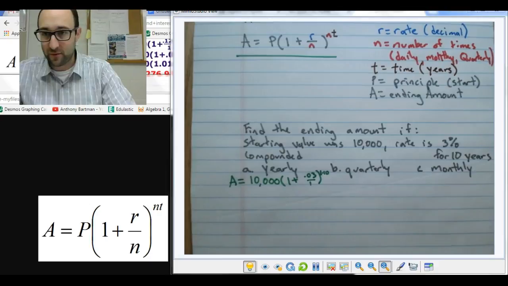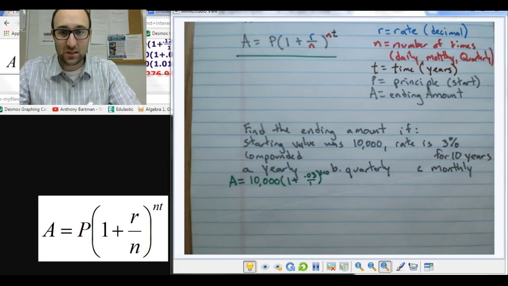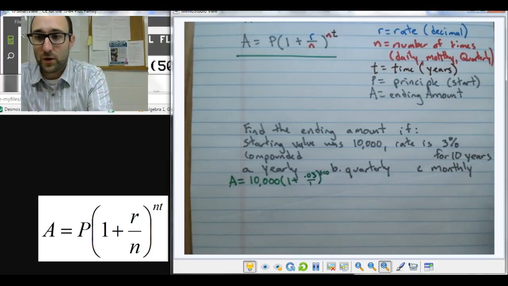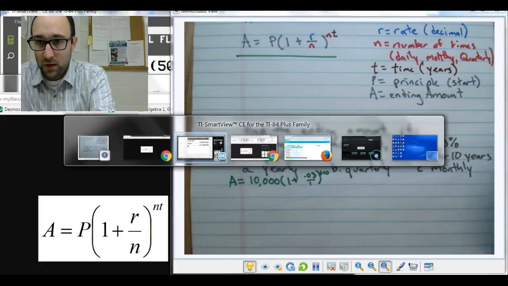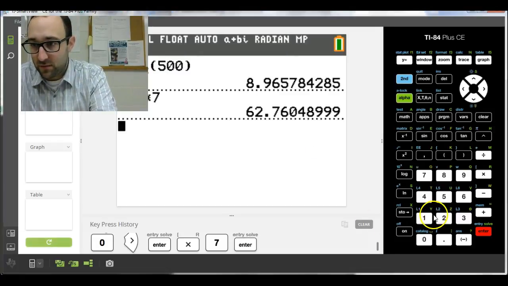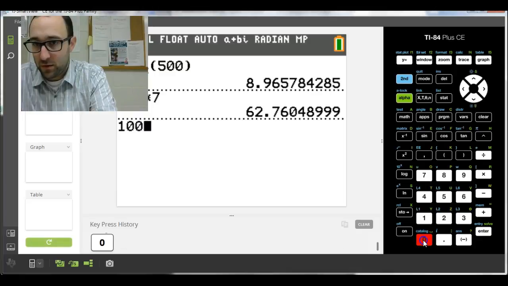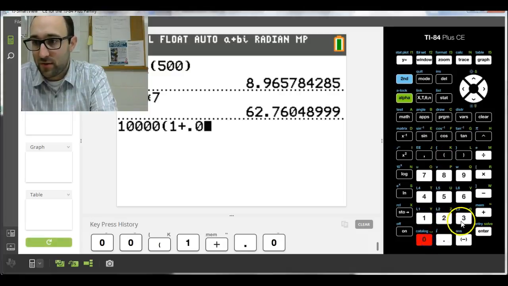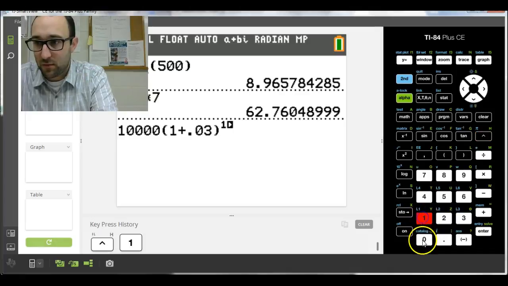All right, so the second question: how much money is this? We are going to go to the calculator and type in 10,000, parentheses, 1 plus 0.03, close my parentheses, and that's going to be to the 10th power, right?